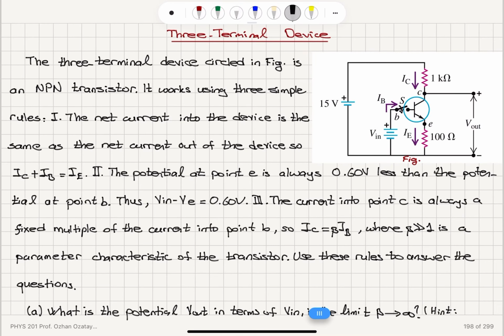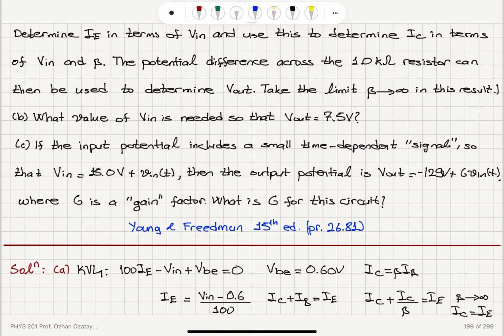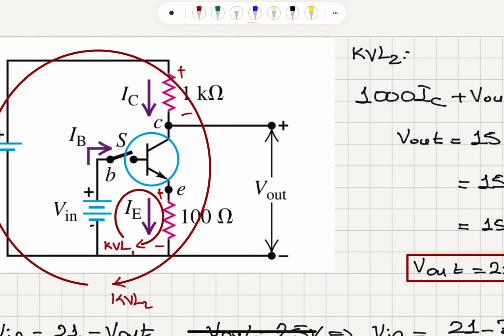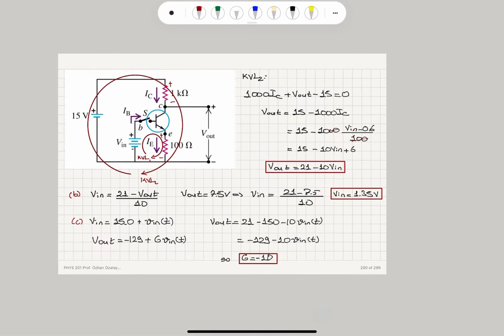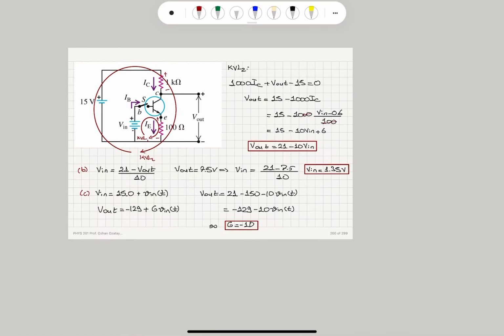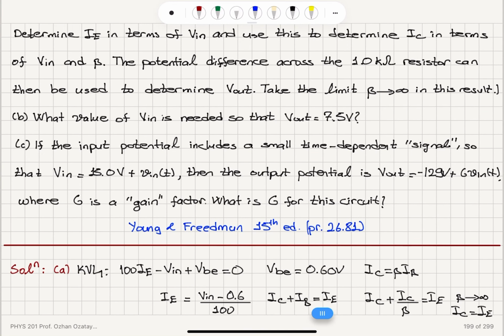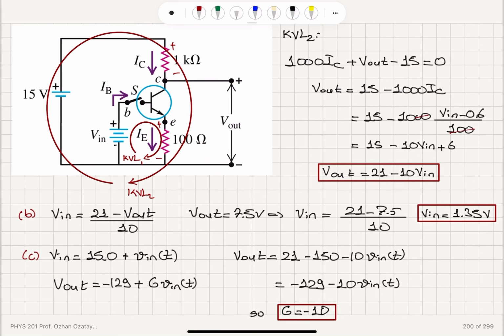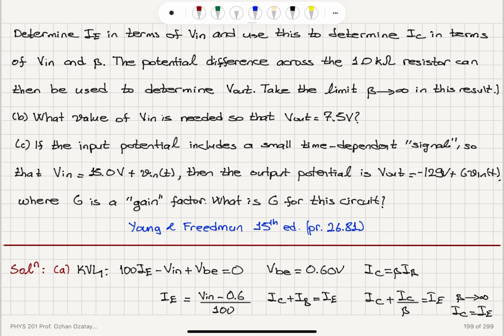Under these conditions, what is the relationship between V out and V in? So first of all, I write Kirchhoff voltage law for this loop here. I see that I have 100 times IE, that is this one, minus V in plus VBE, which is 0.6, is equal to 0.